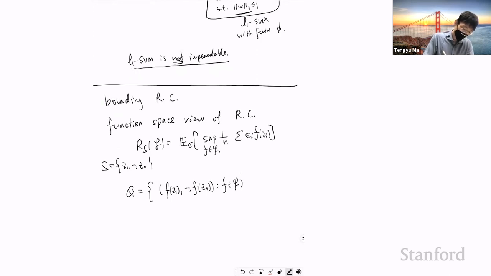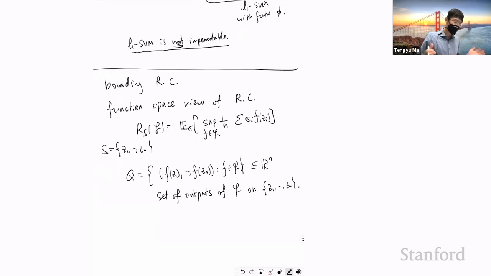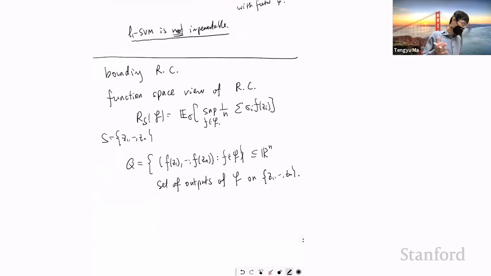So for every function, you're going to have an n-dimensional vector. This is basically the set of outputs of f on the data points z1 up to zn. These are all the possible outputs you can get from applying f on this set of points.